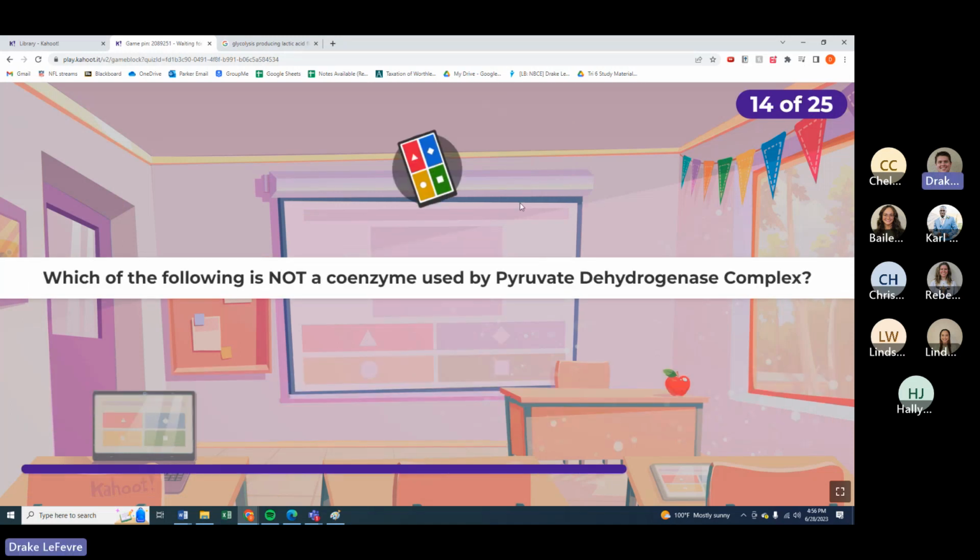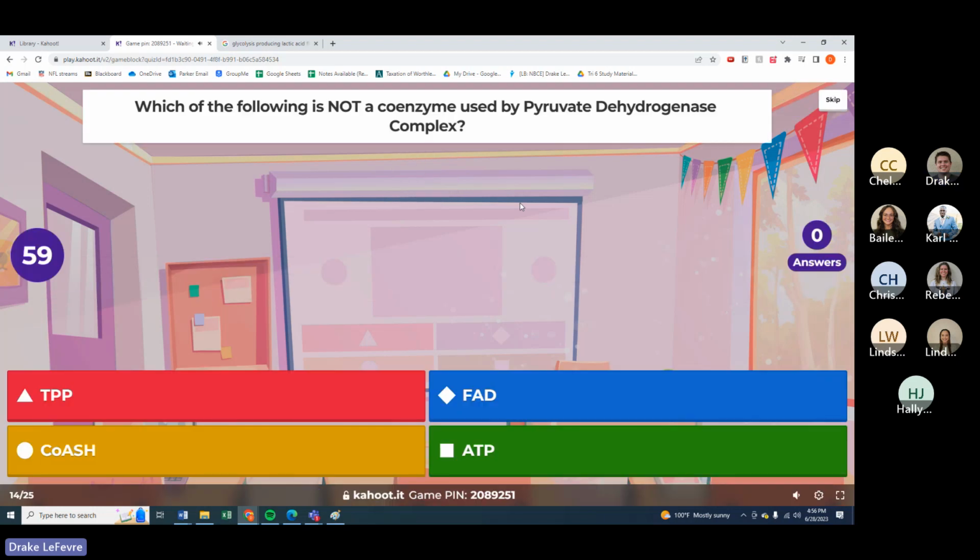Okay, pyruvate dehydrogenase complex. Which of the following is not a coenzyme used by PDC, the pyruvate dehydrogenase complex?